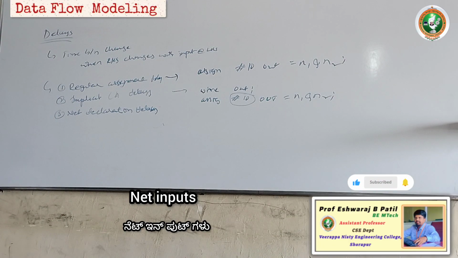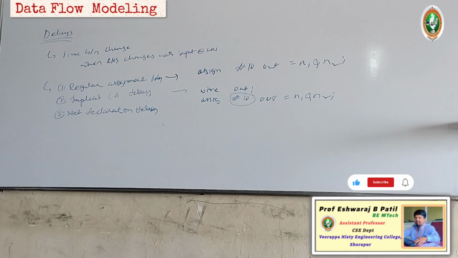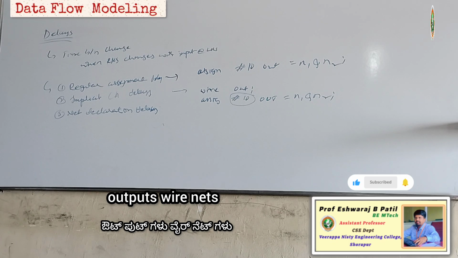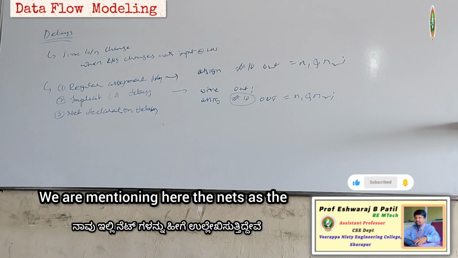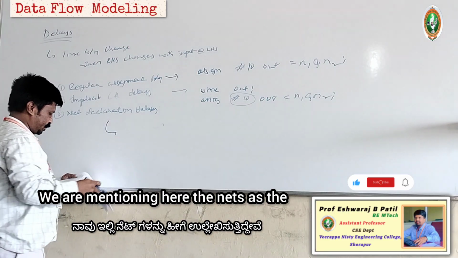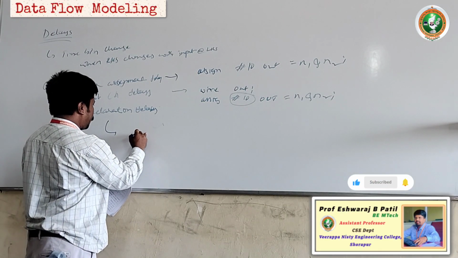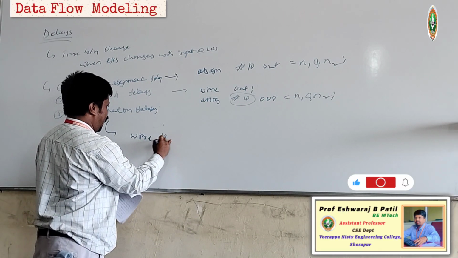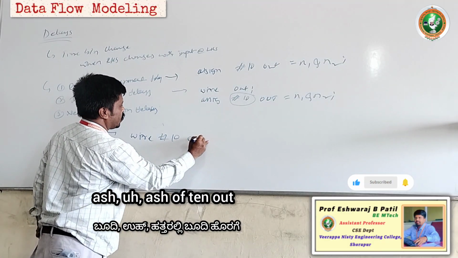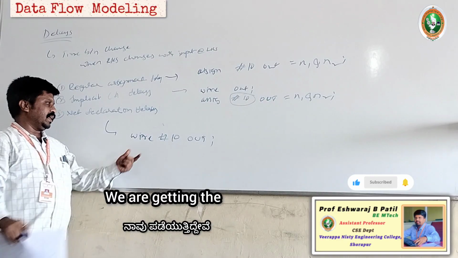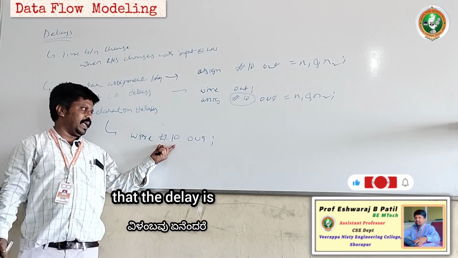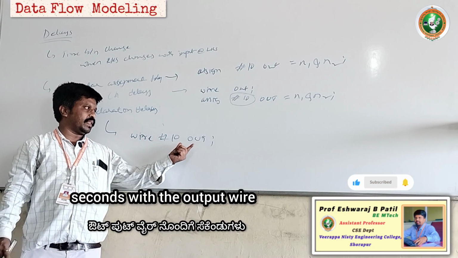Nets are nothing but the inputs and outputs here. We are mentioning here the nets as the wire. Hash of 10 out. That's nothing but here we are getting in the wire only that the delay is 10 with the output wire.